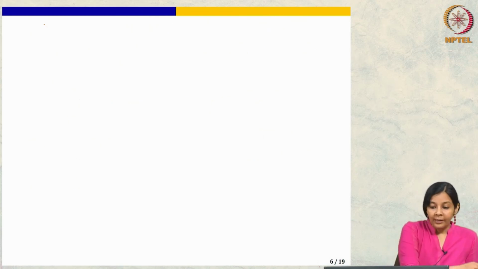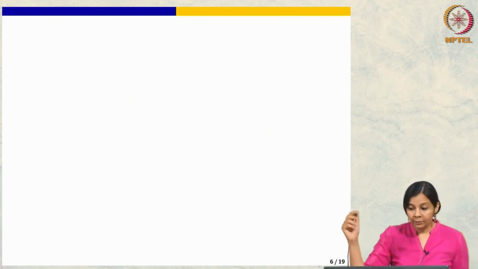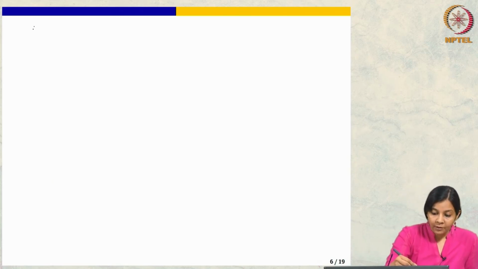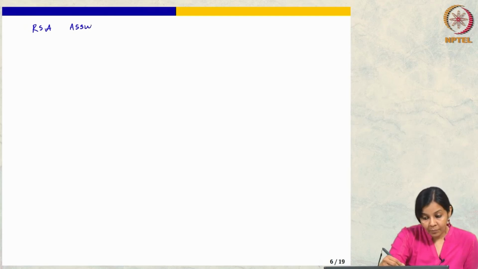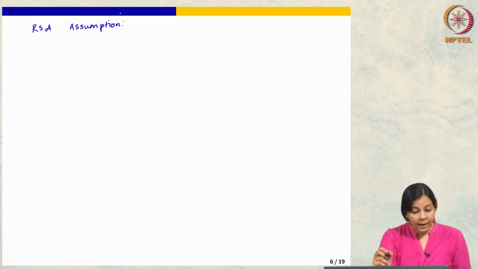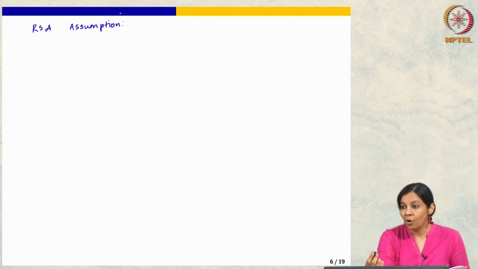Okay, good. So let's move on to more assumptions. The second assumption that I want to show you is the RSA assumption. This is of course a very famous assumption by Rivest, Shamir and Adleman, which got them the Turing Award. The RSA assumption is related to the factoring assumption, but it's actually a stronger assumption.